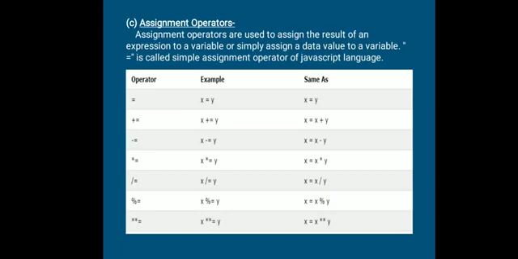Like x equal to x minus y can be written as x minus equal to y. x equal to x into y can be written as x into equal to y, like that. So this is shorthand assignment operator, and shorthand assignment operators can be applied only for arithmetic operators.